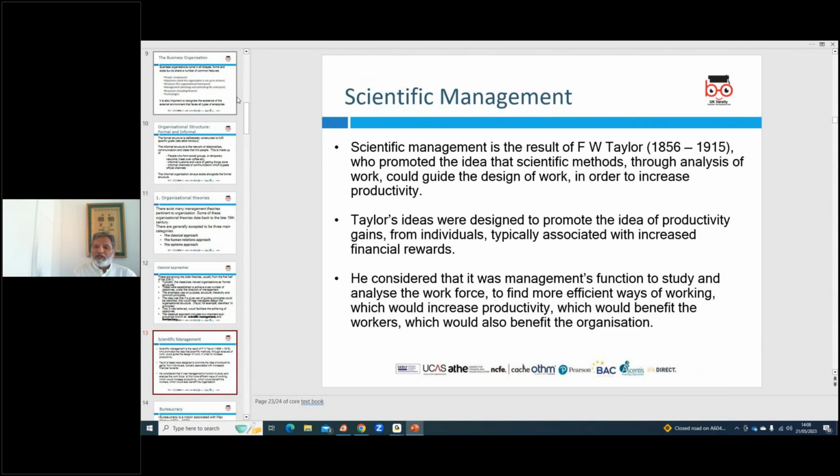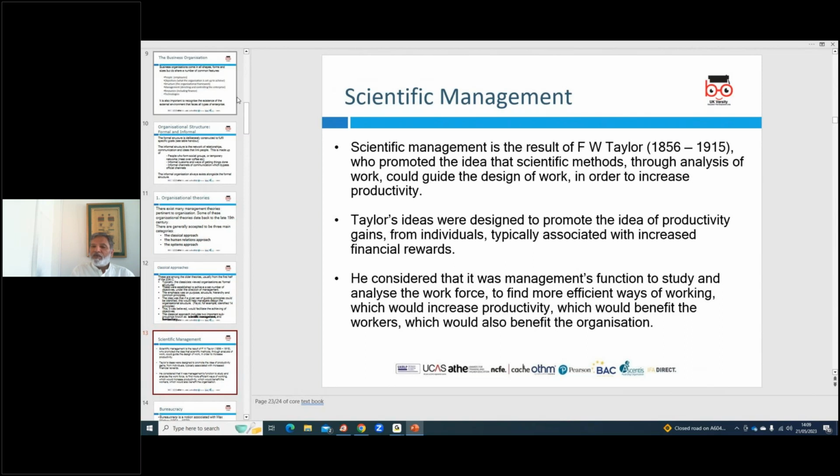He divided the tasks into different kinds of scientific tasks, making sure that he timed people and he gave them a reward according to the time they spent on these particular duties and tasks. So he measured their output according to their productivity. So he gave this the name scientific management.